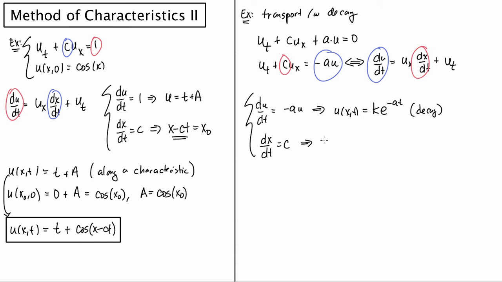So dx/dt once again gives x minus ct equals x naught. And what we have here is if I make this an IVP, by adding the initial condition u(x,0) equals, let's say, f of x naught.